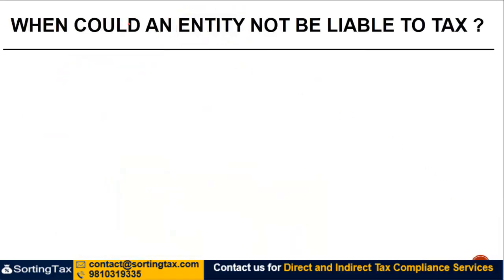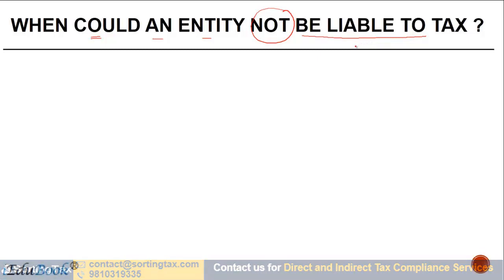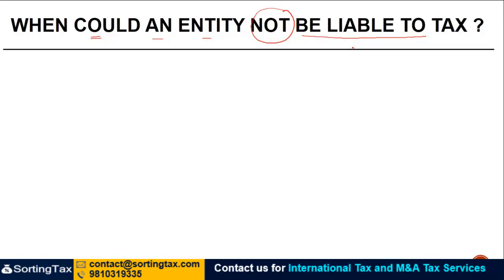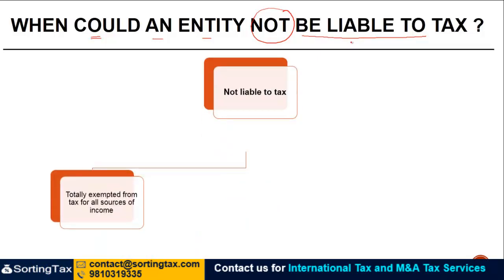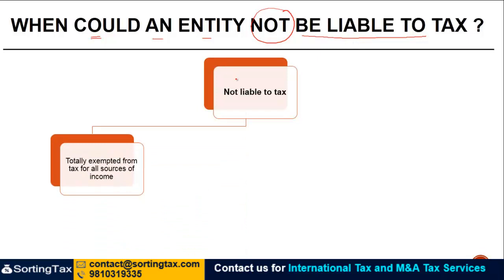Now, what could be some of the situations where an entity may be considered as not liable to tax? Meaning thereby, if it is not liable to tax, it is not a resident. If it is not a resident, it cannot claim the benefit under the treaty. So there could be some examples where a company may not be liable to tax.